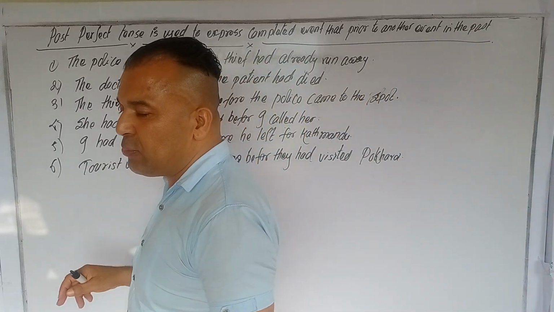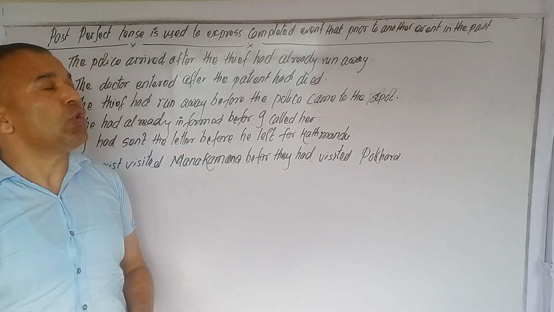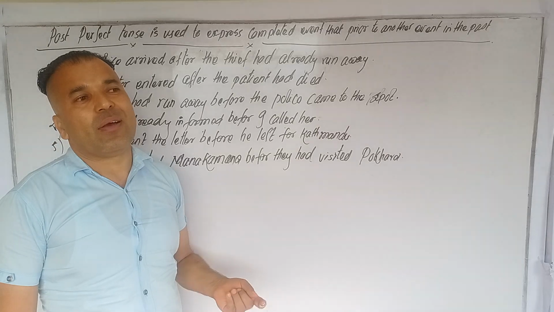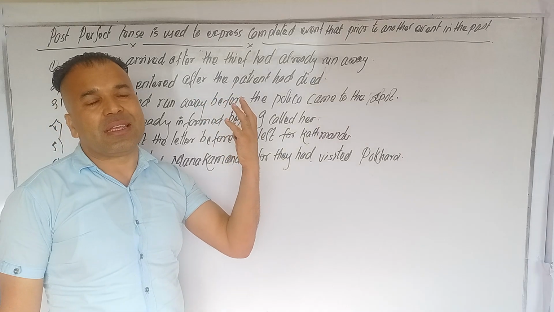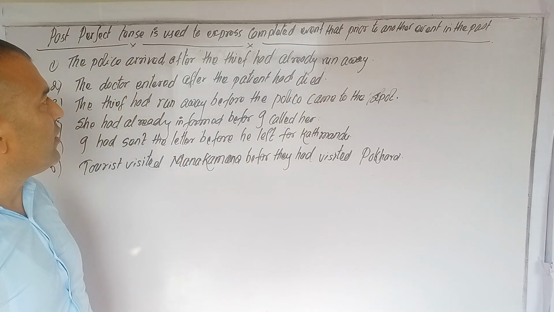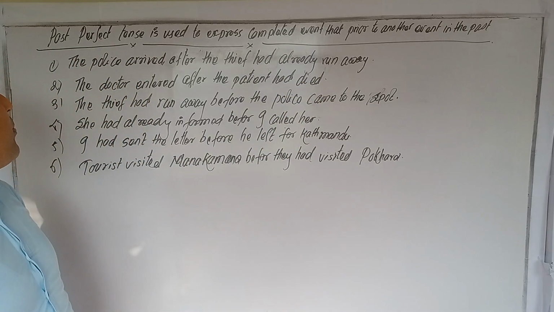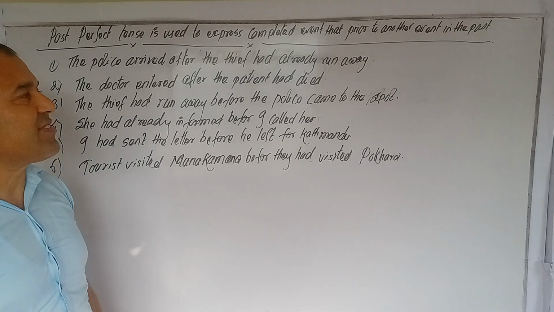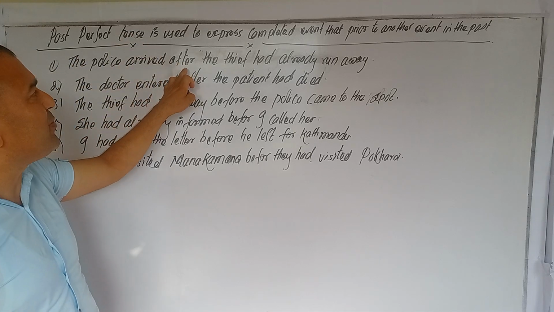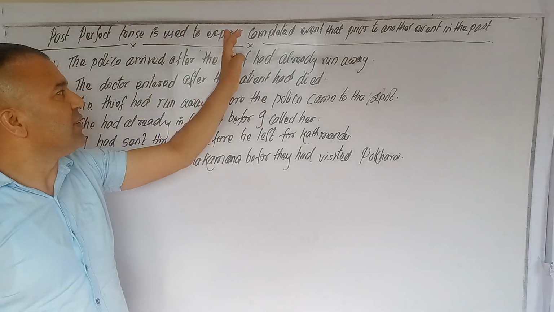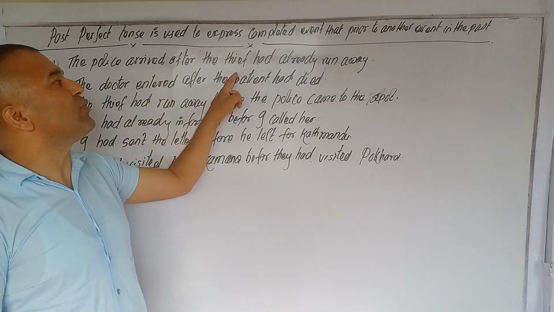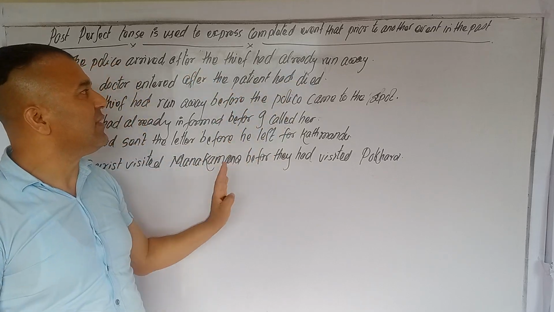In this situation, we have to use past perfect tense. So past perfect tense is used to express one complete action, an event before, prior to another event or action. We have to use past perfect tense. Understand? Do you get my point? Alright, the police arrived after the thief had run away. Complete action. The doctor entered after the patient had died.